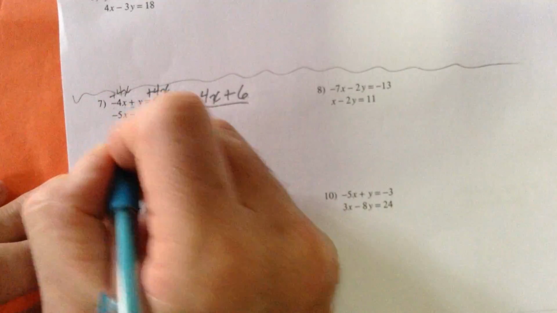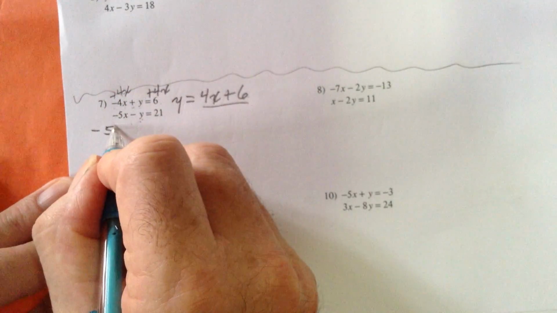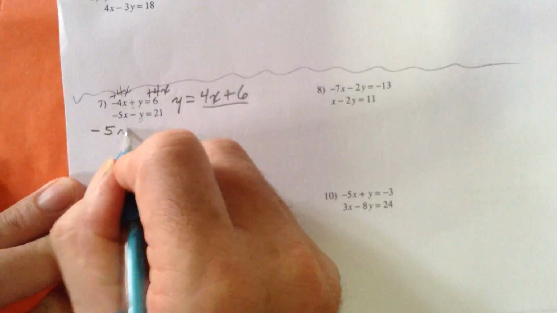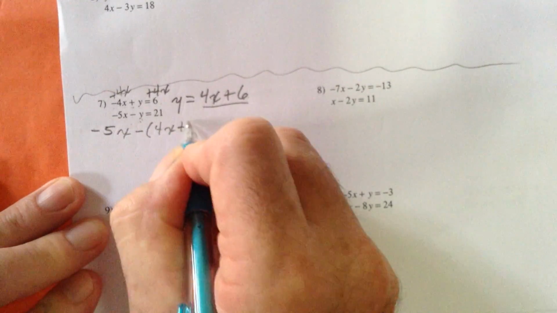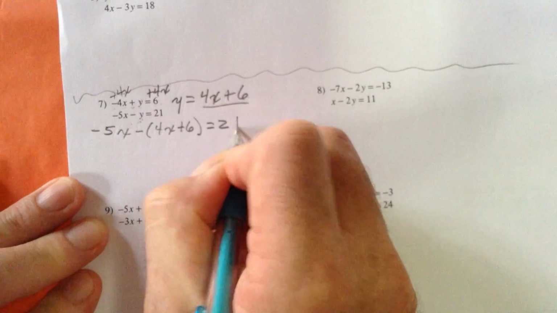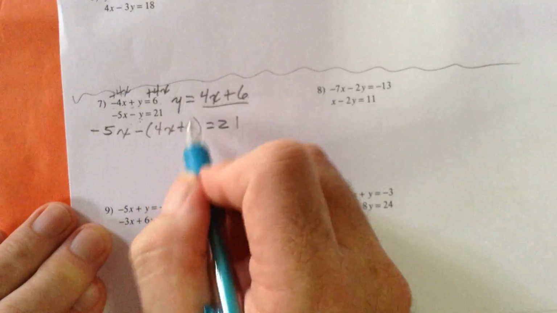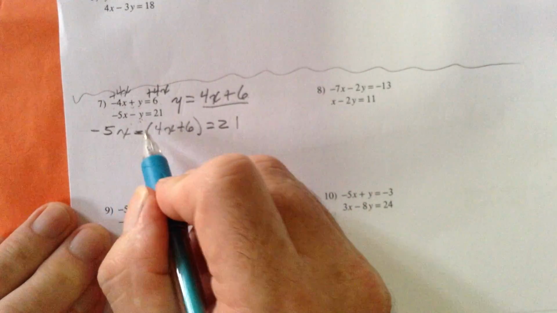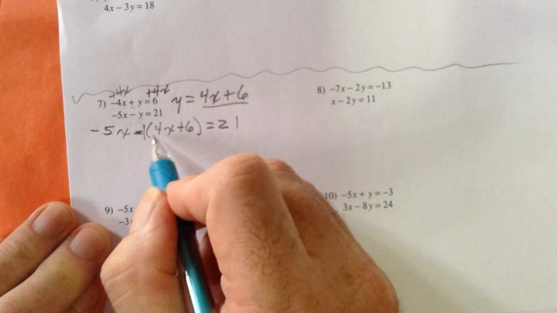Find the x. So here I can go negative 5x minus y, which is 4x plus 6, equals 21. Now I have to do the distributive property with this symbol here. This is actually minus 1; you can pretend there's a 1 there.